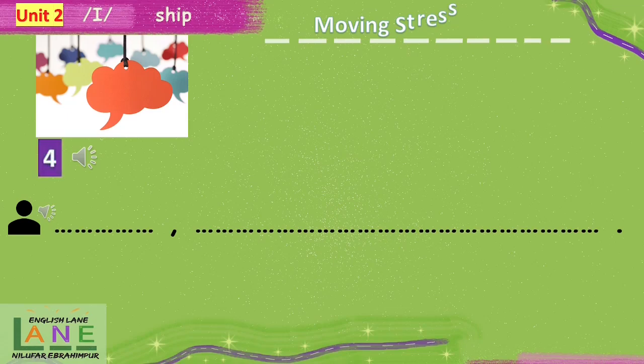The population is 18 million. 80, No, not 80. 18. 5. I've invited 13 people for dinner. 30, No, not 30. 13.